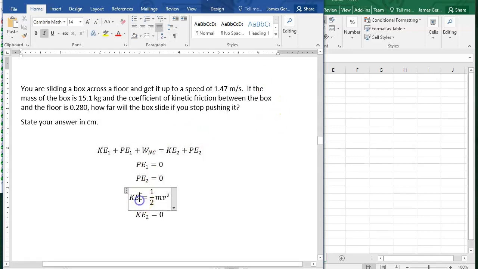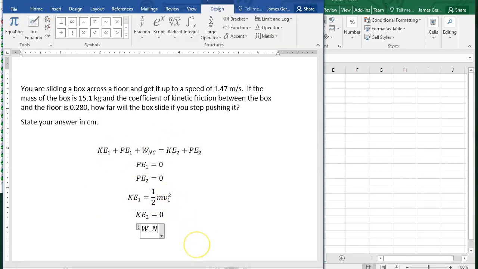I'm going to edit this, put in kinetic energy 1 is 1/2 mv1 squared. Okay, we have kinetic energy and work from non-conservative forces.